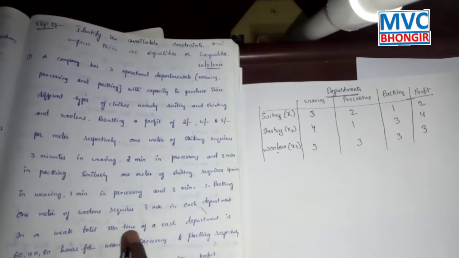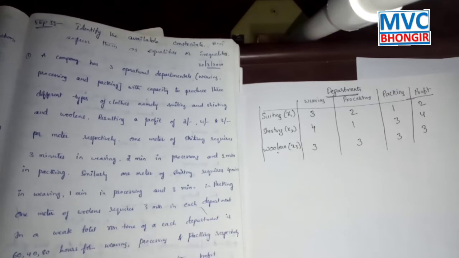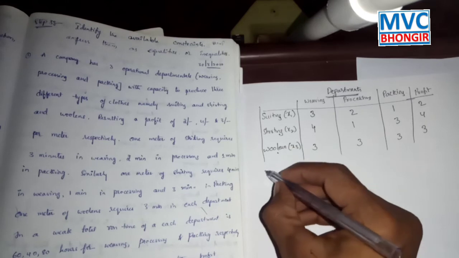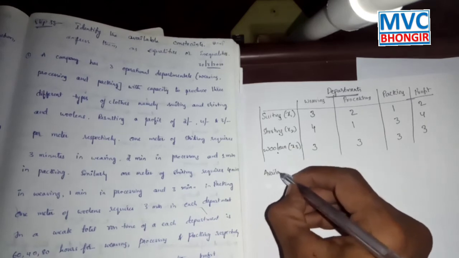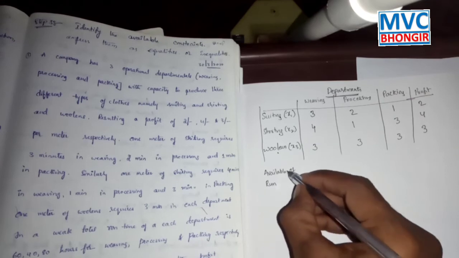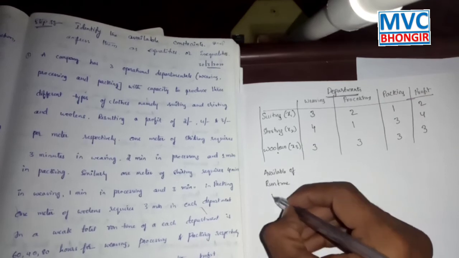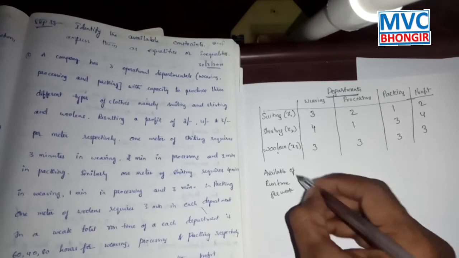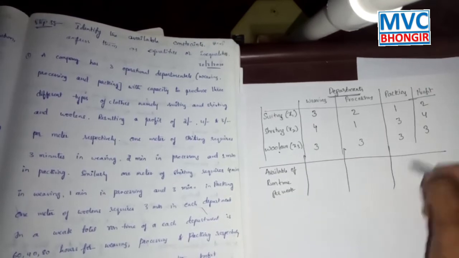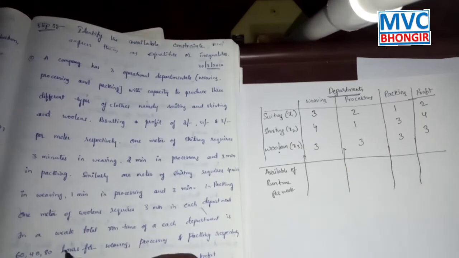In a week, the total runtime of each department is given. So the availability of runtime or machine time per week is to be noted here, which is given in hours.